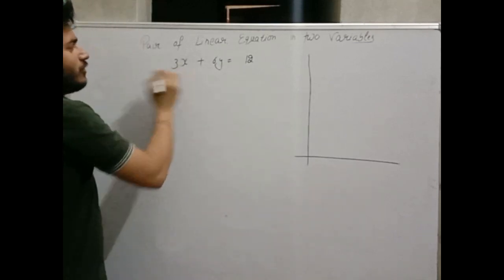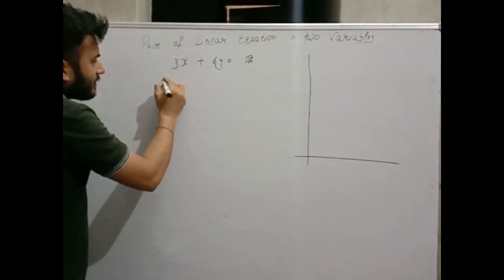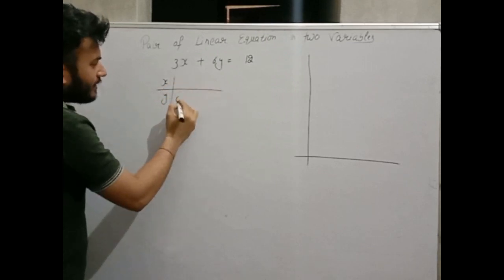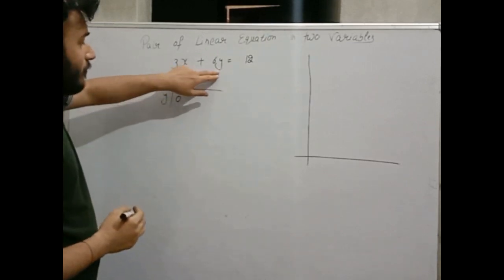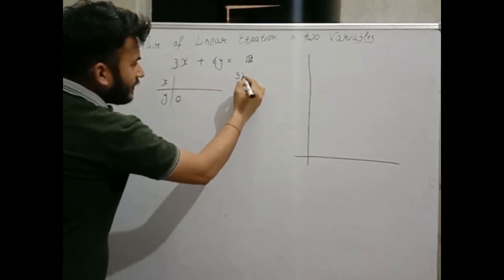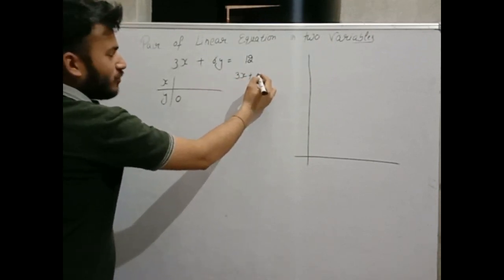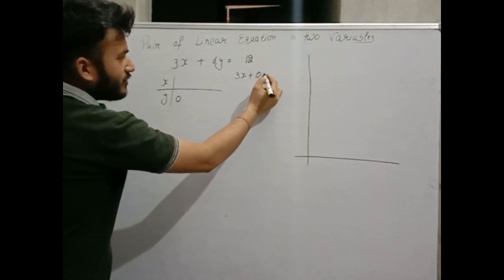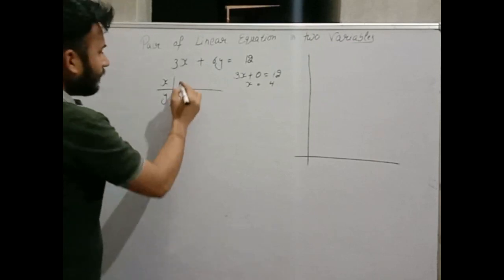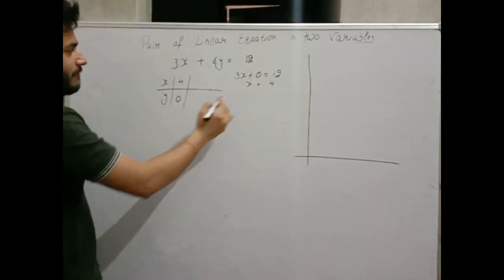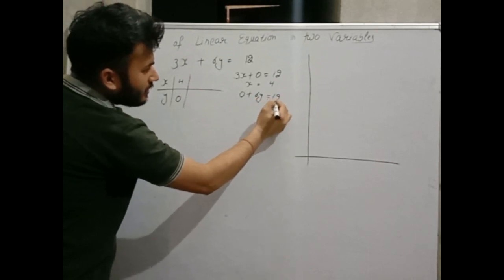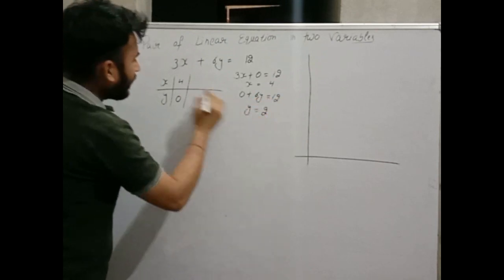To find the value of x, we put the value of y as 0. For the first point, if y equals 0, then 3x plus 6 into 0 is 12, so x will be equal to 4. Similarly, if x equals 0, then y will be equal to 2.